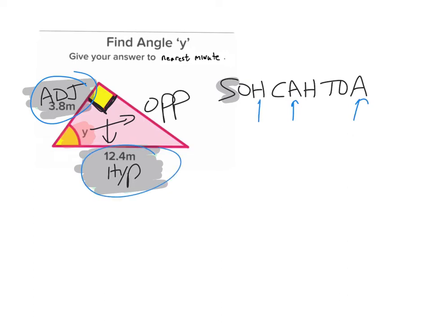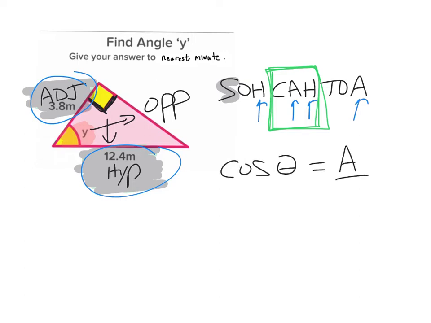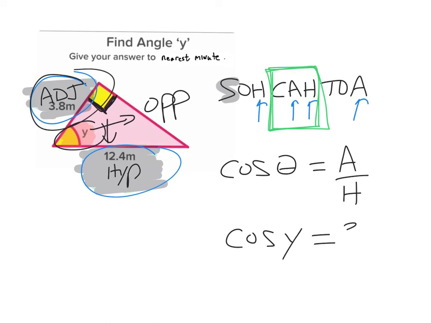The hypotenuse, so I'll label the H's. The only trig function that we have both parts for is cosine. So we're going to write out the rule. The cosine of theta equals adjacent over hypotenuse. We're going to substitute in cosine of theta. Theta is the angle, so in this case the angle is y, equals adjacent 3.8 over the hypotenuse 12.4.